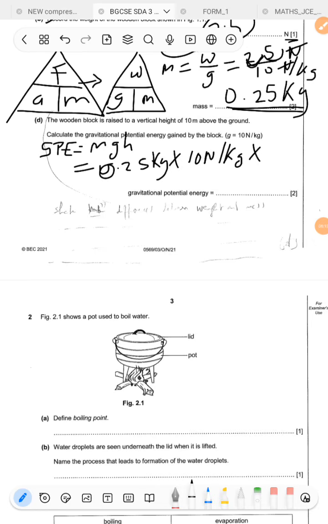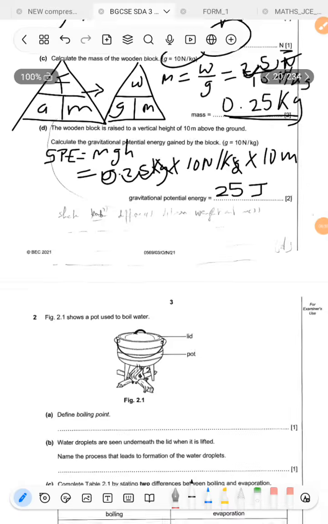We're cancelling the kilograms, and we are left with newton meter. Calculating everything, times 10, you move the decimal place one time, times 10 again another time, so that you get 25 newton meters, which is joules. The units for energy are joules.